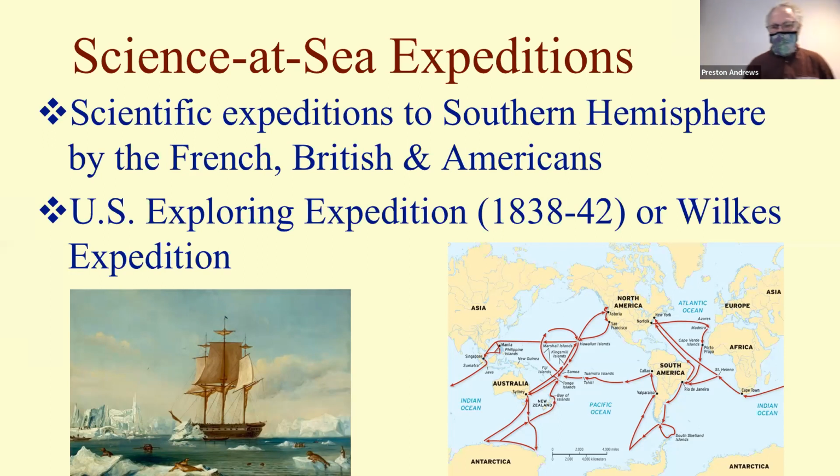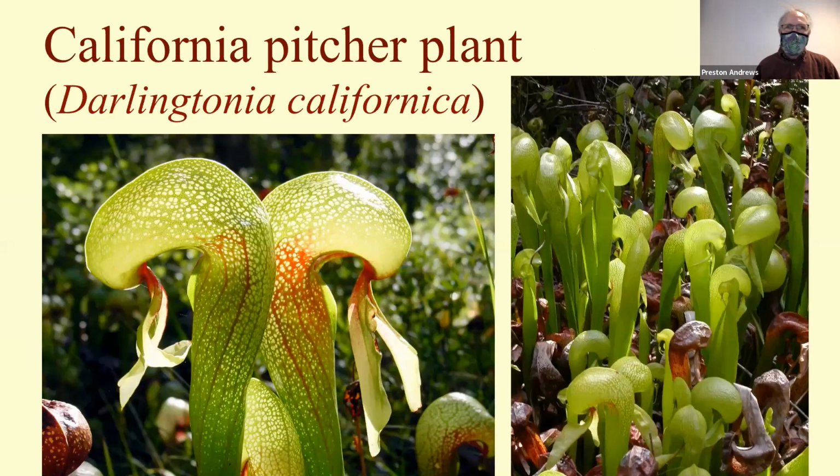Okay, so they did find this one, which is really an amazing plant: the California pitcher plant. It's a carnivorous plant, Darlingtonia californica, and they collected it up at the headwaters of the Sacramento River, back before there was Shasta Dam and all that kind of stuff. There was aquatic habitat up there.